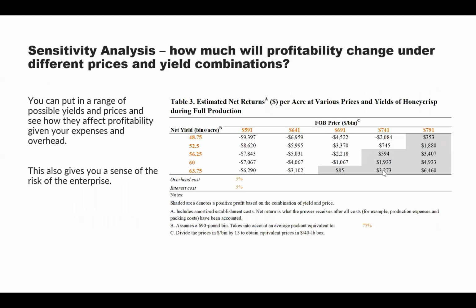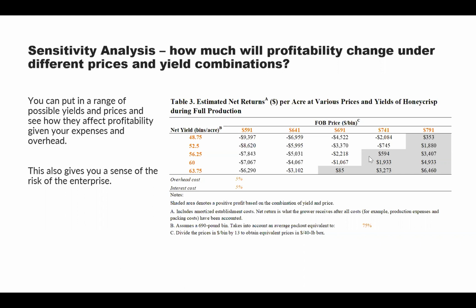And then you can also do a sensitivity analysis, and look over a bunch of different assumptions about prices per bin and yields. What are my likely net returns per acre going to be? This is one that Washington State has done for Honeycrisp.